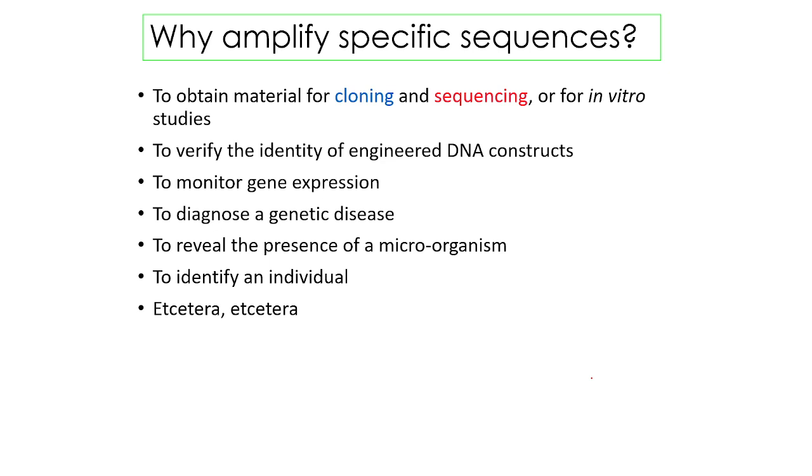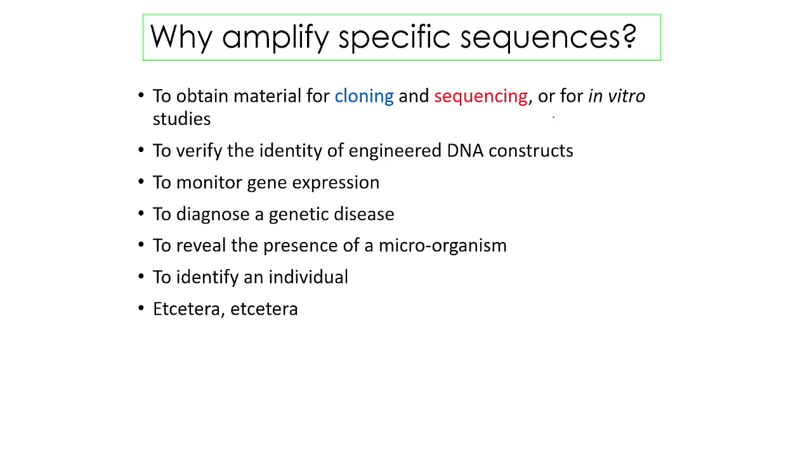So why do we need to amplify the specific sequences? The first one being we need to obtain materials for cloning and sequencing, or if we need to undergo in vitro studies. So for that we need to amplify the specific sequences. Also we need to amplify these specific sequences if we have to monitor the gene expression, or if we want to diagnose a genetic disease, like what are the mutations or the recombinations which have occurred.